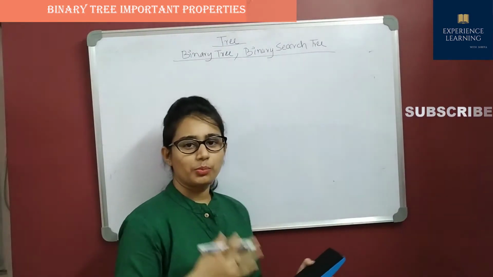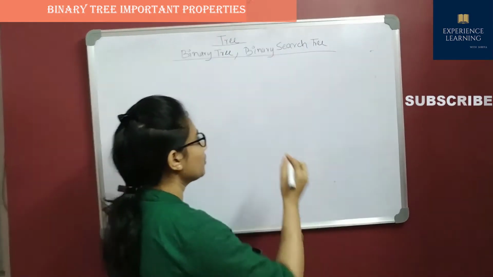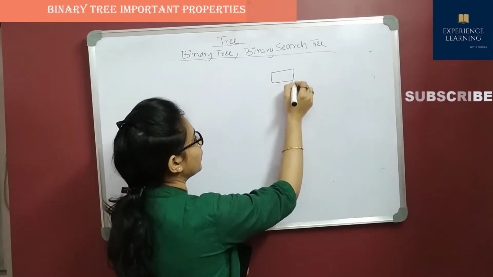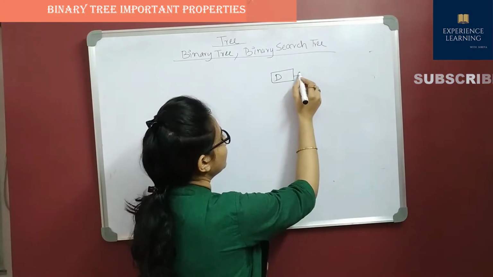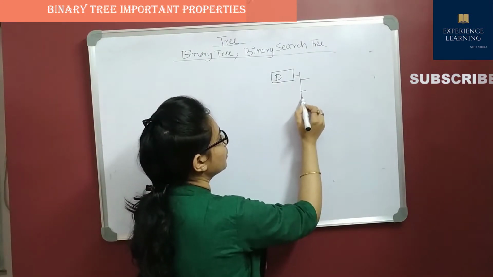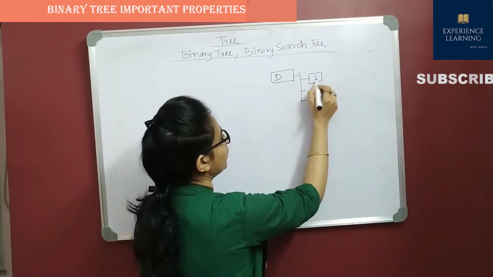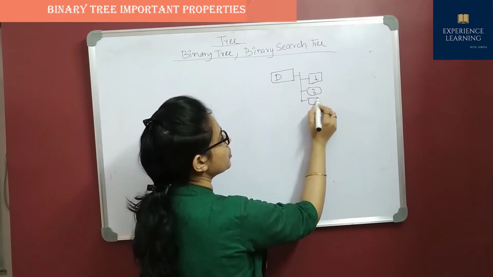In your laptop or desktop, you have one D drive, and in this D drive we have three folders: folder 1, folder 2, folder 3.